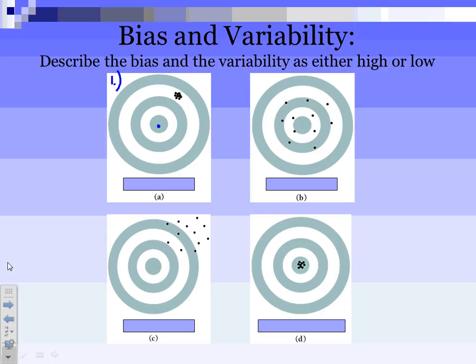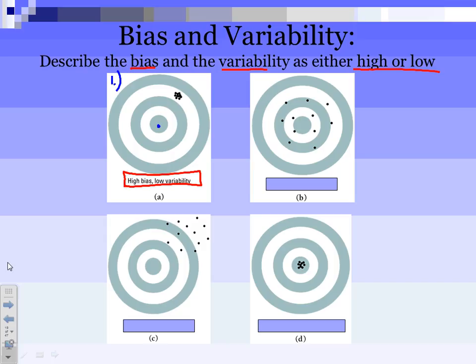So if we were to describe both the bias and the variability using the descriptors high and low, we would say this has high bias but low variability. High bias because it's not centrally located, low variability because the points are very close together. So pause the video and try B, C, and D on your own, again using those descriptors high and low to describe the bias and the variability.